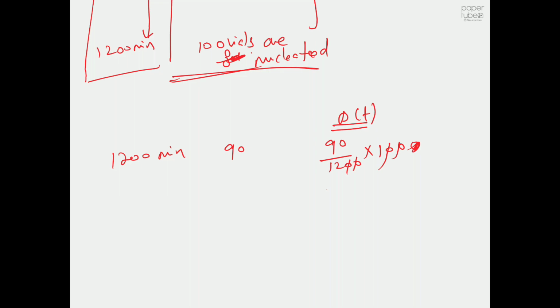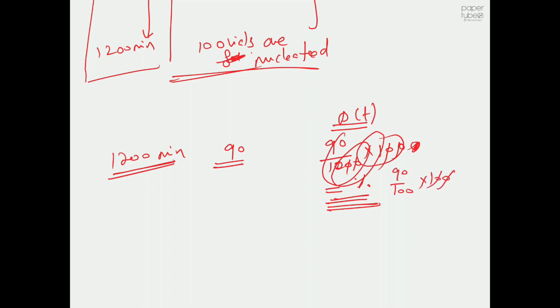Sorry, this is wrong. We start with 100 vials, so the probability of 90 vials getting nucleated will be 90 by 100 multiplied by 100. Obviously this is 90 percent. So at 1200 minutes, 90 percent of your vials will nucleate. That's the meaning.